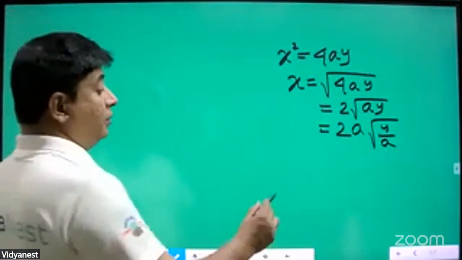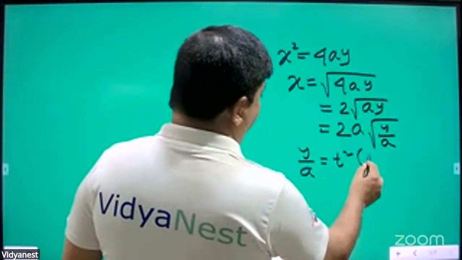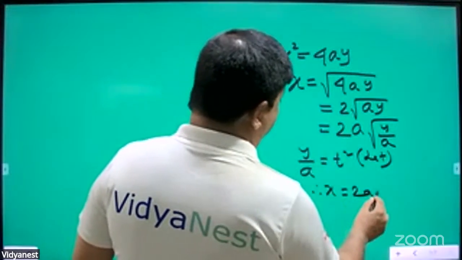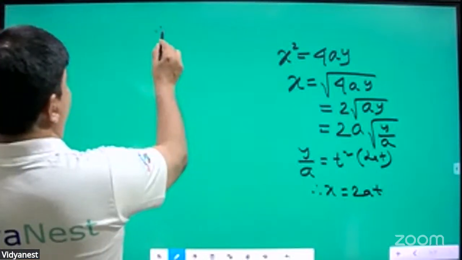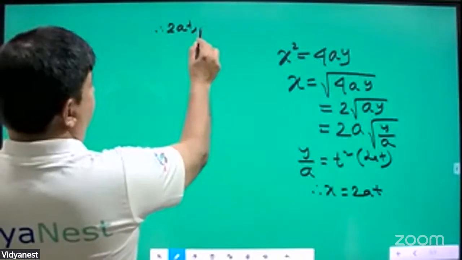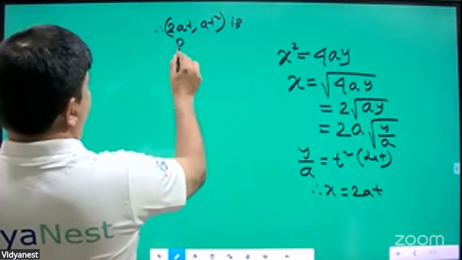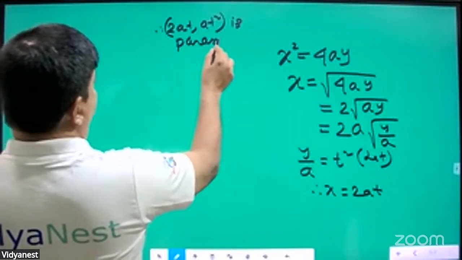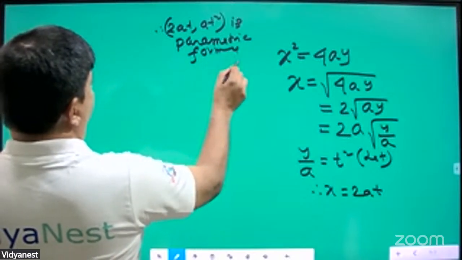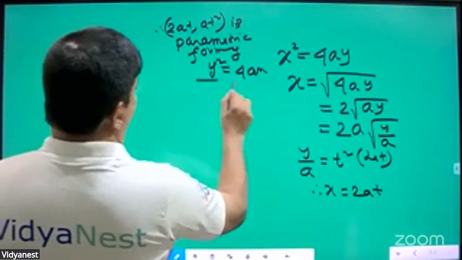Now, y by a is equal to t square, I let. Therefore, x has become 2at. So, (2at, at square) is the parametric form of x square is equal to 4ay.